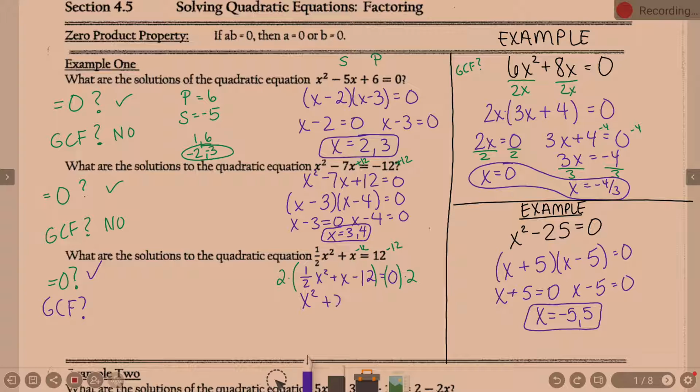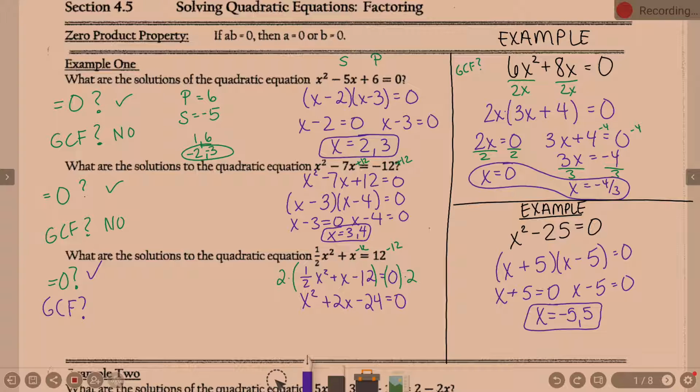Plus 2x. Minus 2 times 12? 24. Equals? 0 times 2 is luckily still 0. Does that make you a little more comfortable? Sure. Okay. My hope is that makes you a little more comfortable.